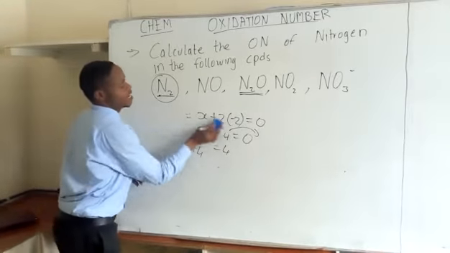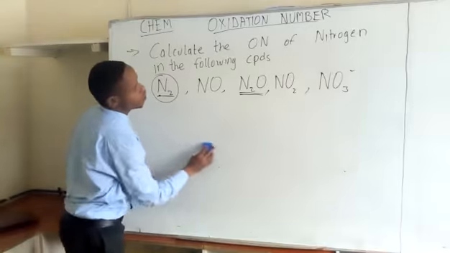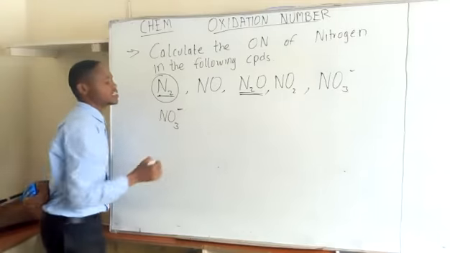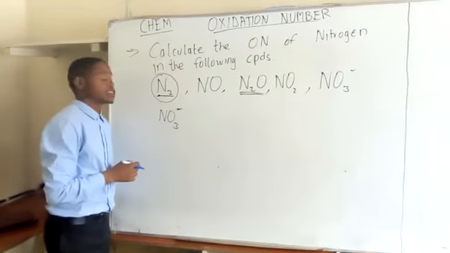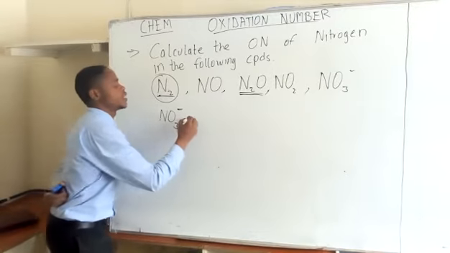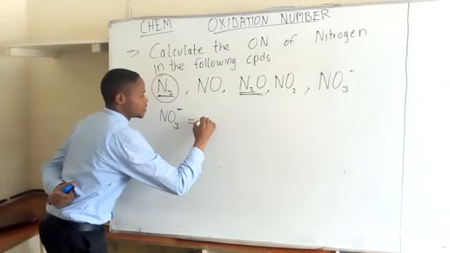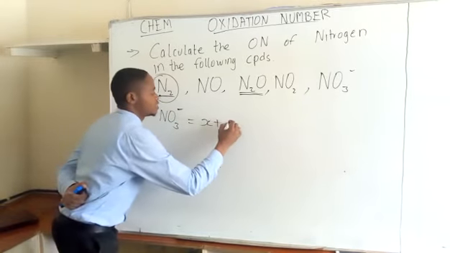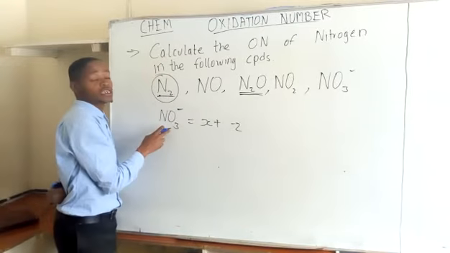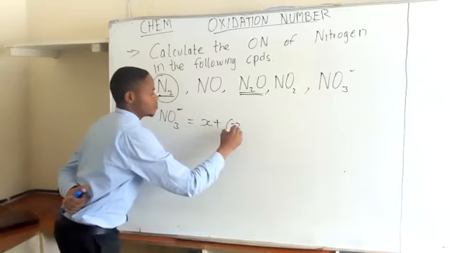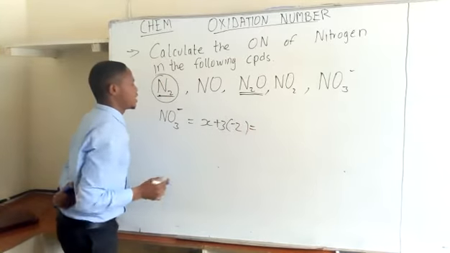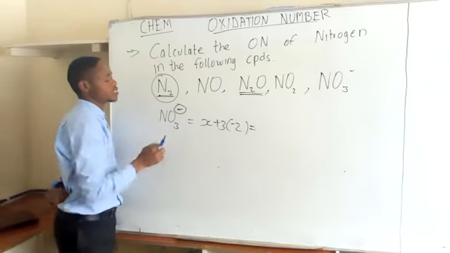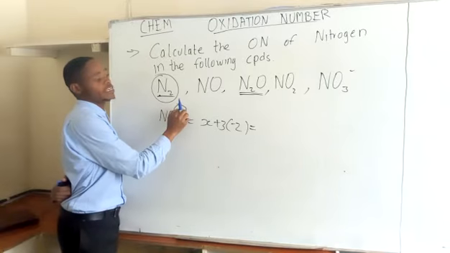Finally, the last one in our example here is NO3, and it has a charge here. This is a radical, this is nitrate. So what is the oxidation number of nitrogen in this radical? As usual, let the oxidation number of nitrogen be X. Oxygen in this case has an oxidation number of -2. But how many oxygens do we have here? We have 3. Because this is a radical, the sum of the oxidation numbers of nitrogen and oxygen should give us -1.